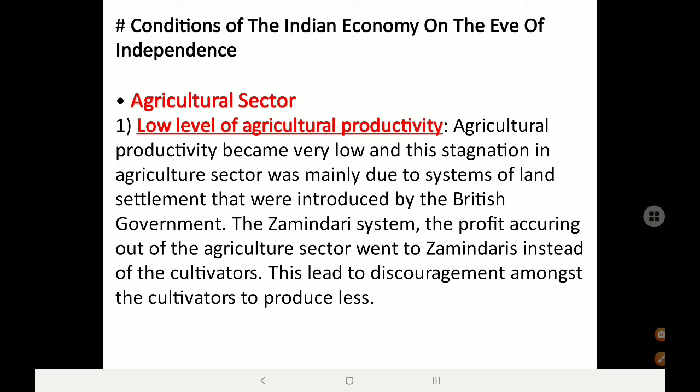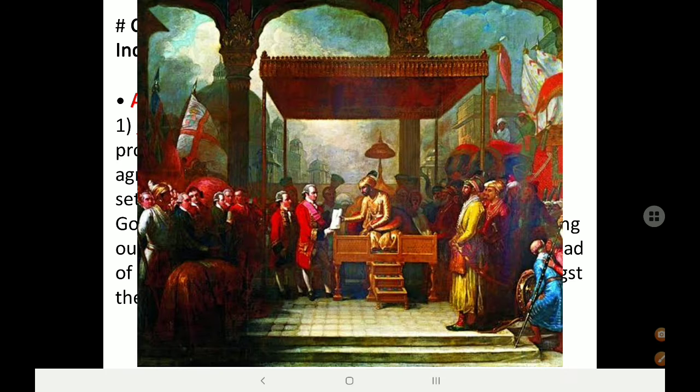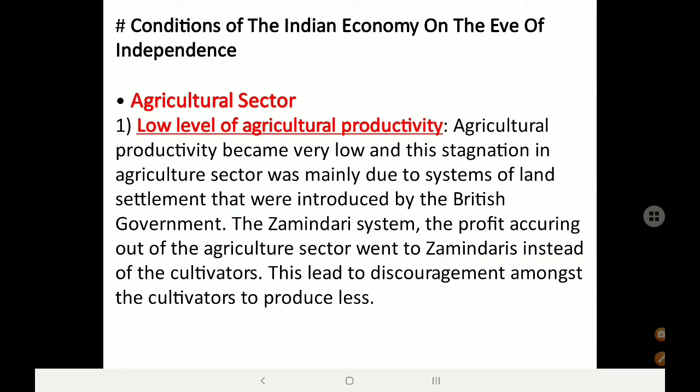Now, the important point is the zamindari system. It is also known as the land tenure system, in which the zamindars were appointed by the Britishers and they had control over the landowners.